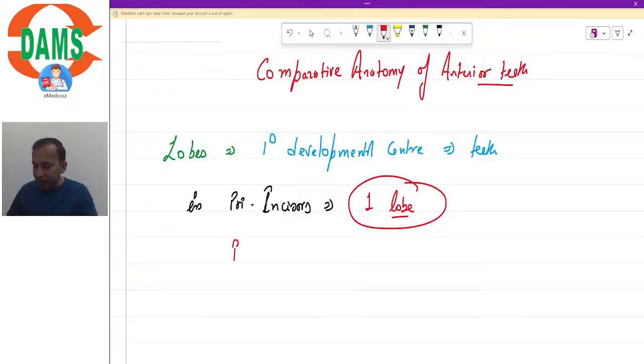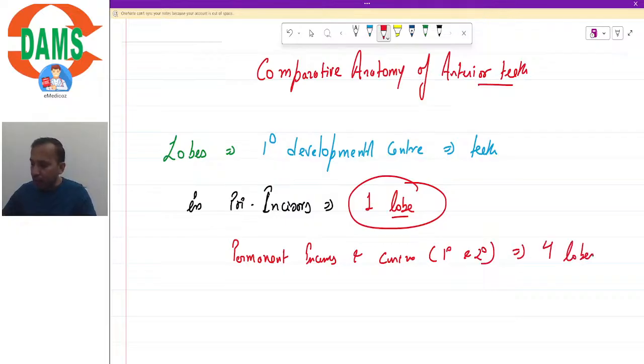Whereas permanent incisors and canines, both primary and permanent, are made up of 4 lobes. So this is the first comparison as far as these anteriors are concerned: the number of lobes from which they are made up.